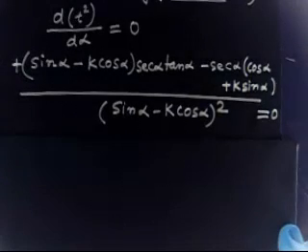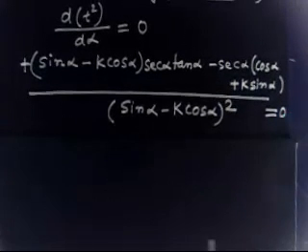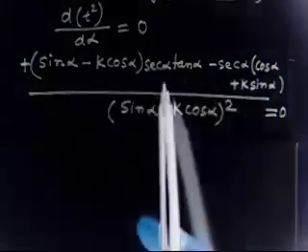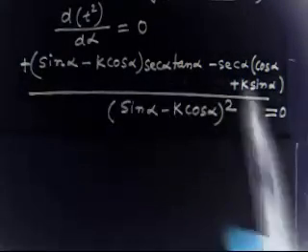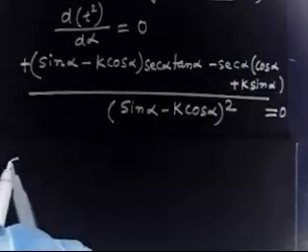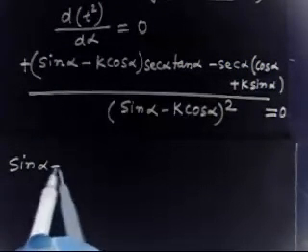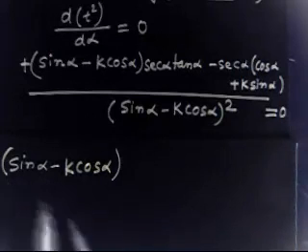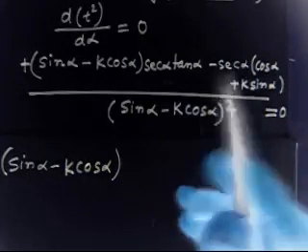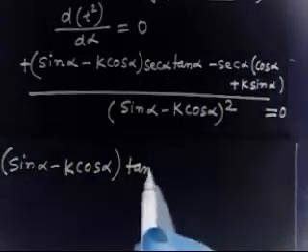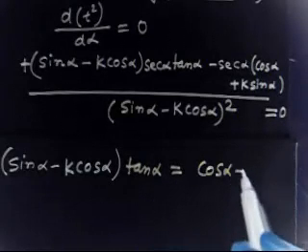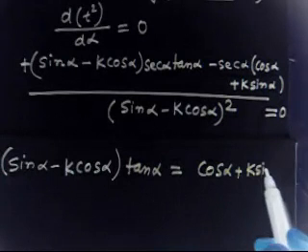So you see, if you leave the practice, things become difficult. Now this term is equal to 0, so this goes this side, so this is equal to this. So I will have sine alpha minus k cos alpha into sec alpha goes out, so I will have tan alpha. This is equal to cos alpha plus k sine alpha.